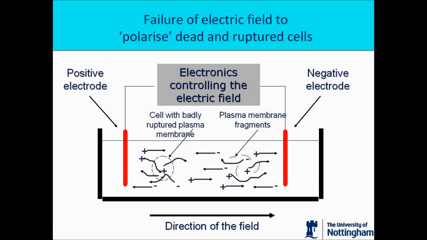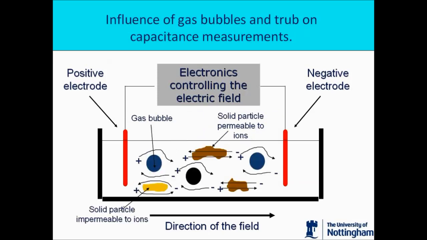So as far as the instrument's concerned, dead cells are not actually there. Hence the reason that it only gives you a reading with viable yeast cells. And you can use exactly the same reasoning and logic for the presence of things like trub and gas bubbles: because they're also not able to build up this charge, they do not cause any interference.